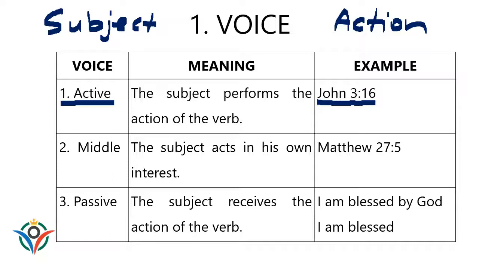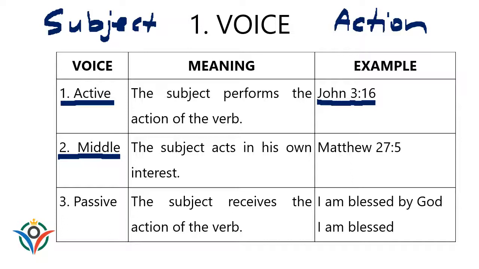The second voice is the middle voice. Now, the middle voice is sometimes difficult to understand at first because there's not an English equivalent. And often the middle is used to convey the idea that the subject directly participates or is involved in the results of the action. So perhaps the easiest way to understand it, if you have a look there, the meaning, it says the subject acts in his own interest.